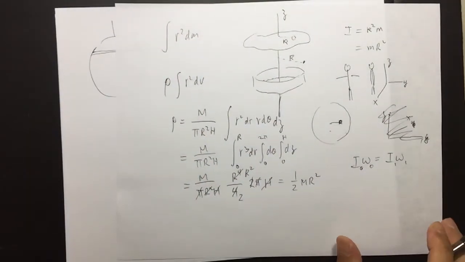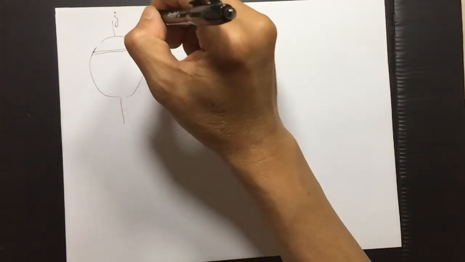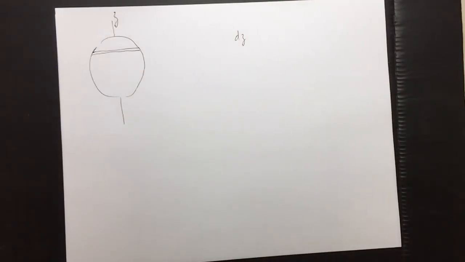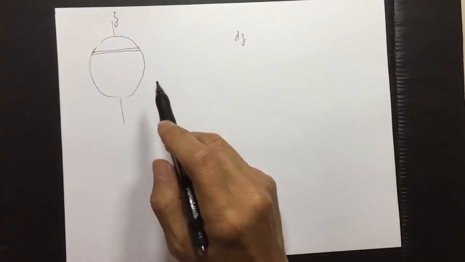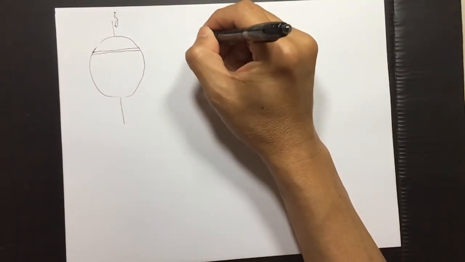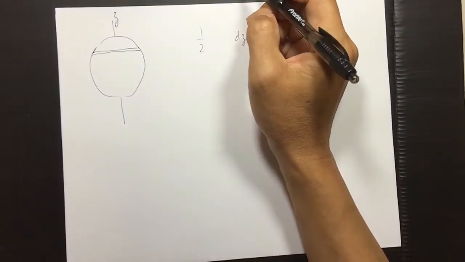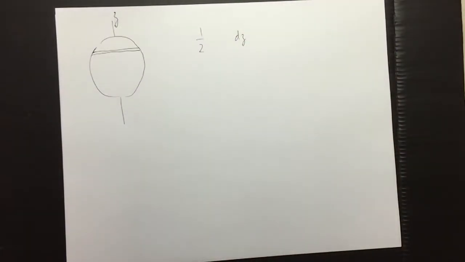We know the disk, which is half m r squared. So for this disk, which is the dz, it's a half. Okay, we have to deal with the m. Let's see how we do this.